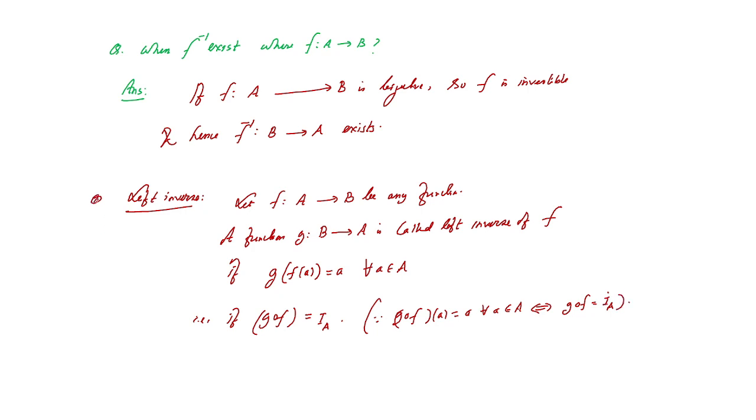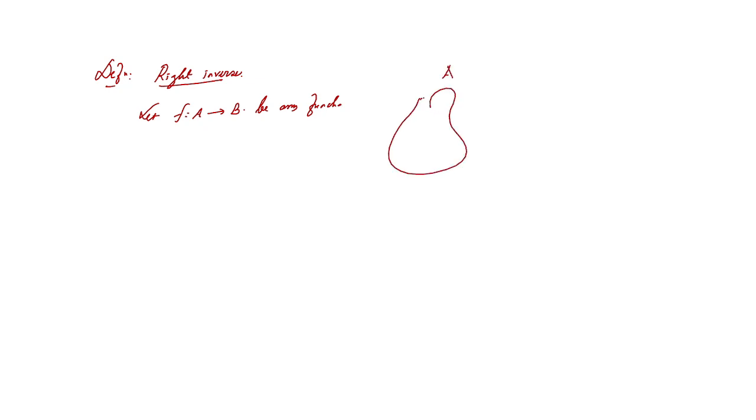And now we come to the definition of right inverse. Let f be a map from A to B, any function. This is A and this is B, and the map is f.